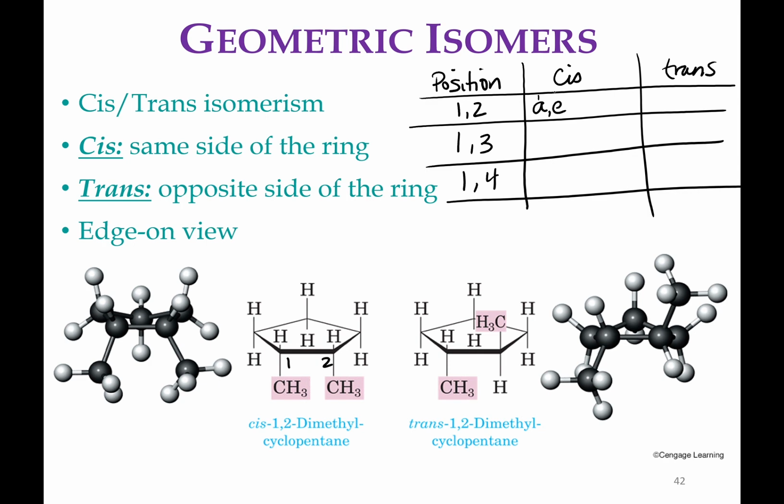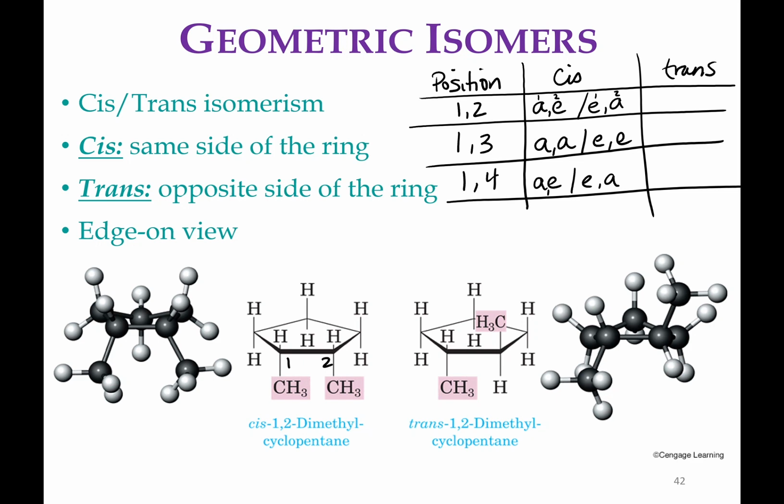So number 1 could be axial, number 2 could be equatorial, or number 1 could be equatorial and number 2 could be axial. If you want it to be in positions 1 and 3, in order to be on the same side of the ring, they would both have to be axial or both equatorial. If you want them to be on the same side of the ring in 1 and 4, it's going to be the same as 1 and 2. It would be axial equatorial or equatorial axial.